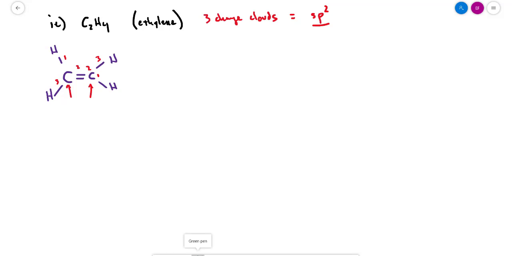So let's draw up first the 2 carbon atoms in the center, and let's then draw the 3 sp2 orbitals that are all going to be 120 degrees relative to each other. So we know there's going to be one big old sp2 orbital here with a little tail, and then one big old sp2 orbital here with a little tail.